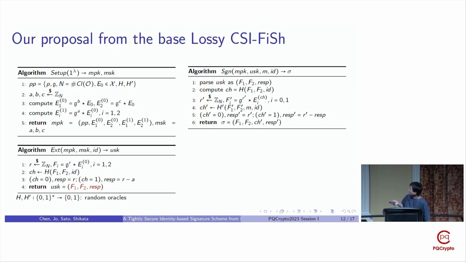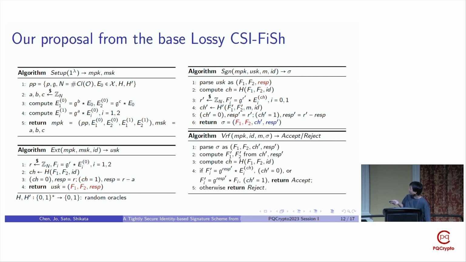Then it returns this signature and the commitment F1, F2 as the signature of IBS.